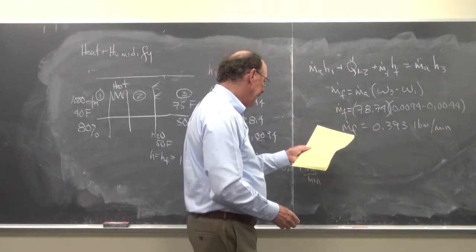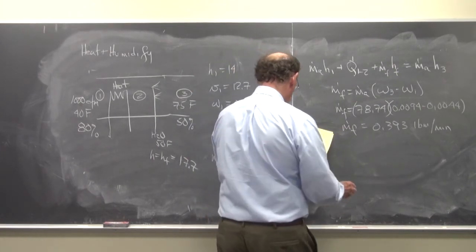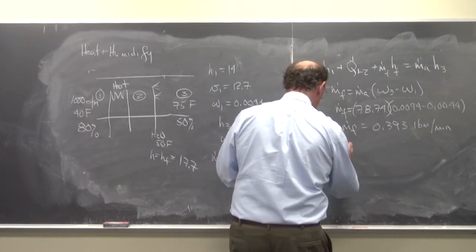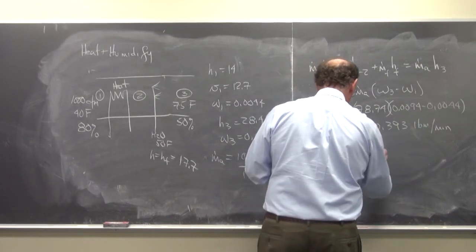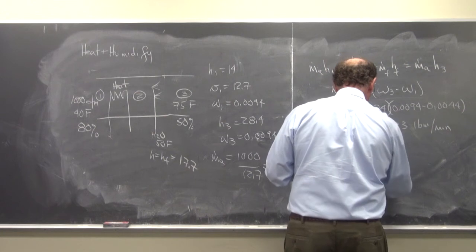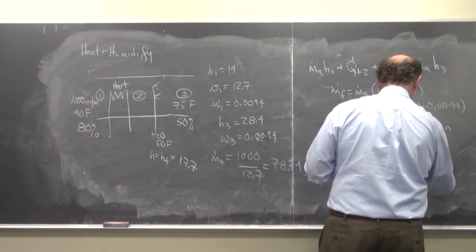And now I can do the first law analysis. So Q dot is equal to m dot A times H3 minus H1 plus m dot F HF.